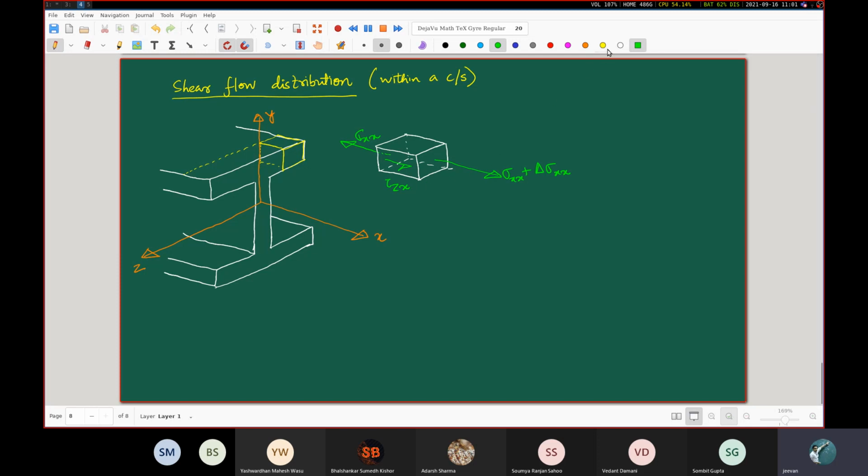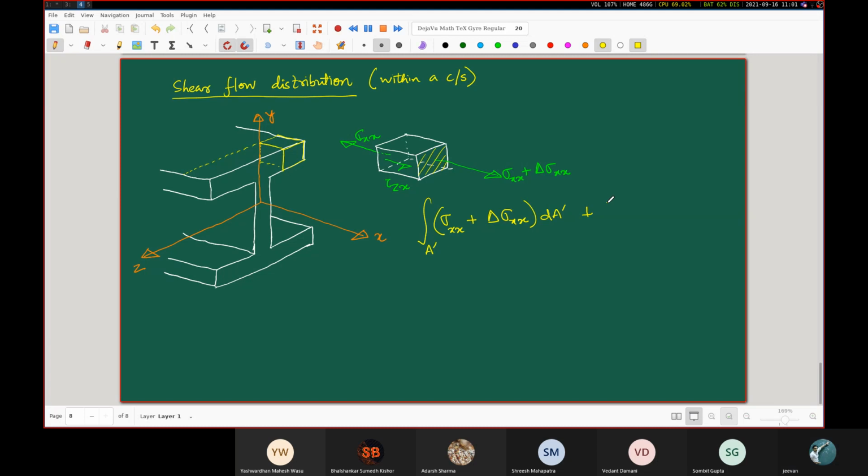So the force balance associated with these different stress components will be like this, and this will be familiar to you from what we have been doing earlier. This A dash area is this area. The direction of this sigma xx plus delta sigma xx is the same direction as this tau zx.